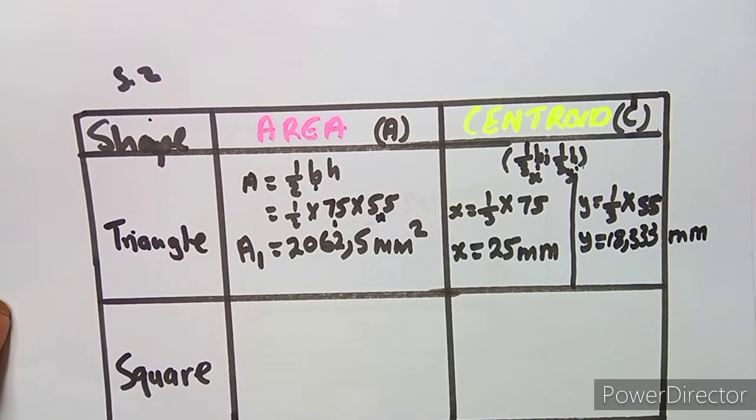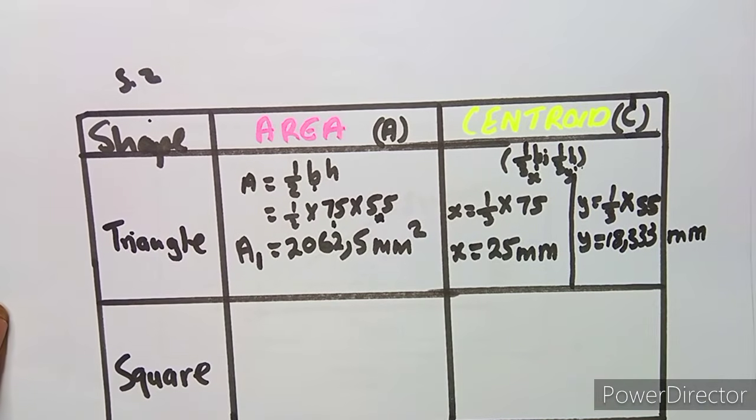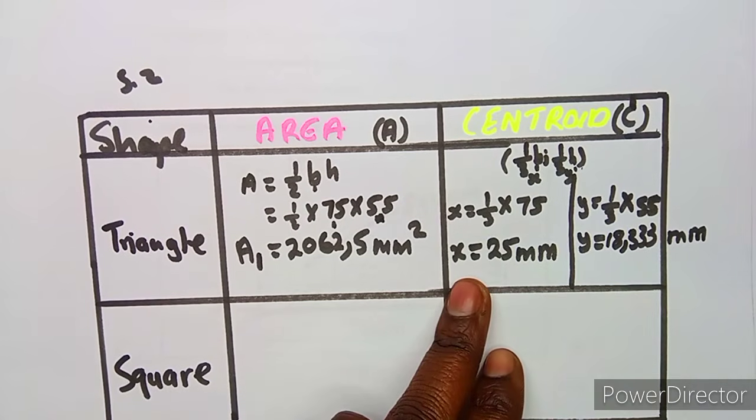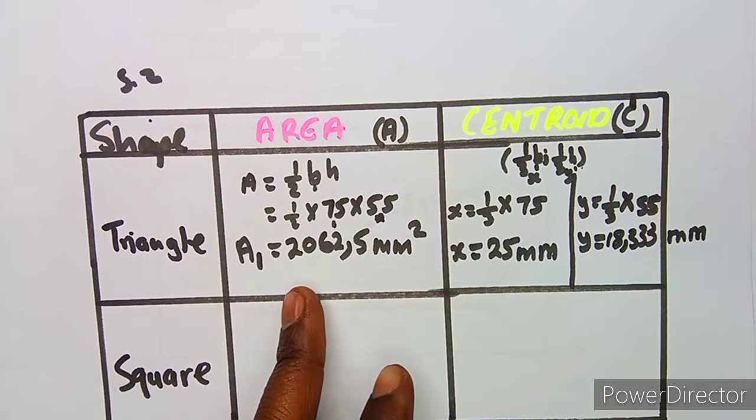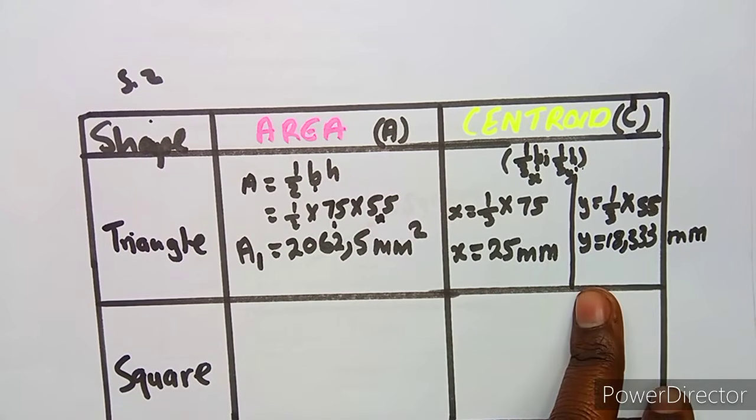All right. So this is what you were supposed to actually do in this case. You were supposed to calculate the total for the two, because you are working with the area moment. So you've got the area moment that is going to affect the value of x, then the area moment that is going to affect the value of y.